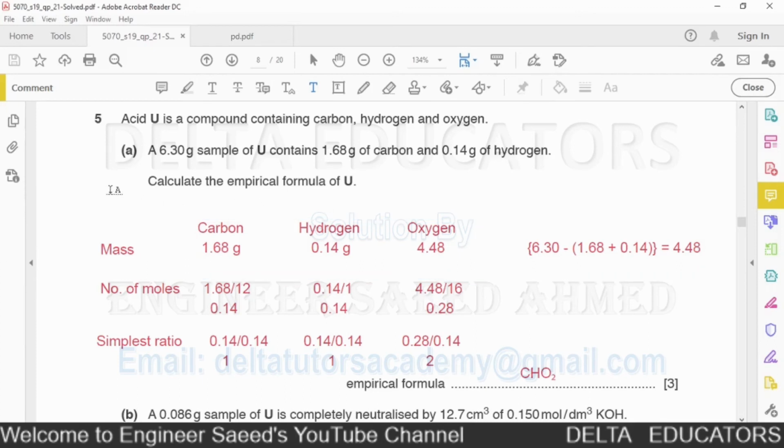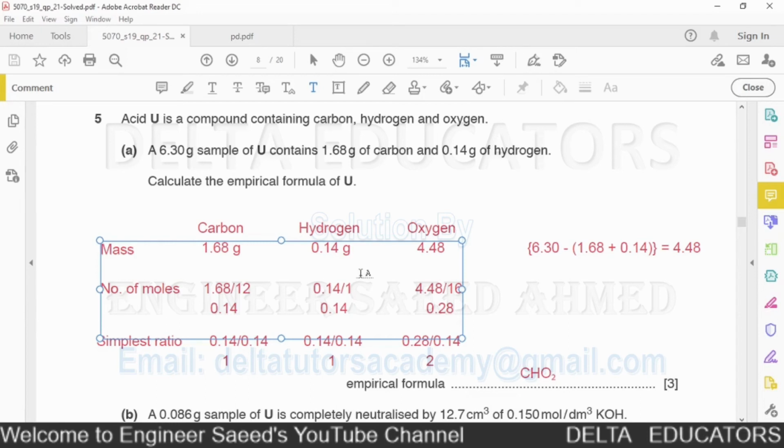Now the next step is to find the number of moles. To find the number of moles, we divide the given mass by the relative atomic mass. Mass of carbon is 1.68, atomic mass of carbon is 12. So we divide 1.68 by 12 and get 0.14. For hydrogen, mass is 0.14, relative atomic mass is 1.